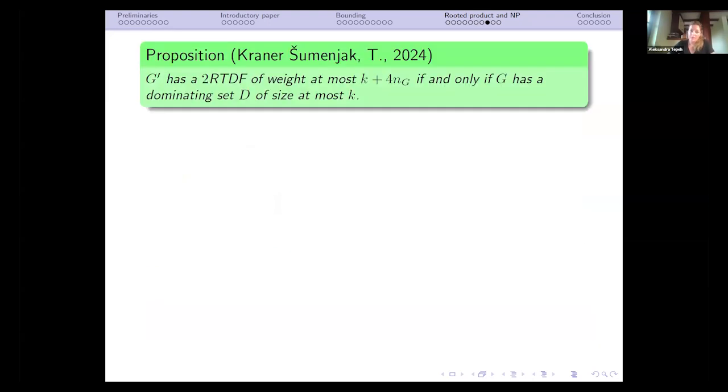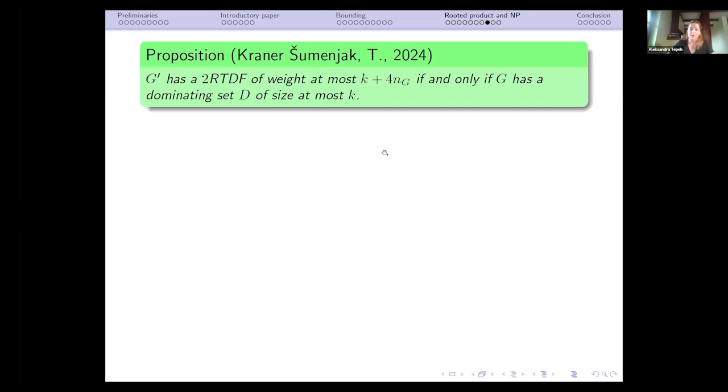And the main thing which led to the final goal was the following proposition, which says that G prime has a two-rainbow total dominating function of weight at most k plus 4 times n_G if and only if G has a dominating set of size at most k.